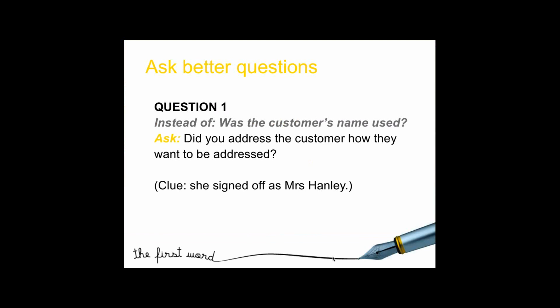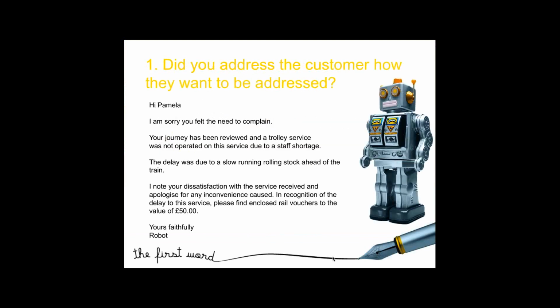Little clue, she signed off as Mrs. Hanley, so that's her telling us that that's how she wants to be addressed. So number 1, did you address the customer how they want to be addressed? Well, no, because she hasn't said that we can call her Pamela. Someone else might, that might be fine, but she hasn't said that.